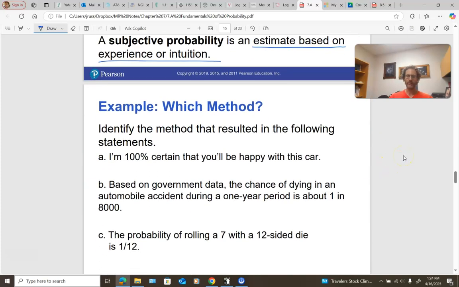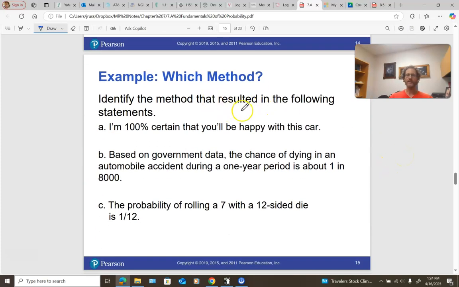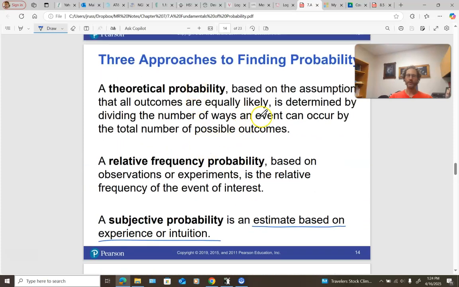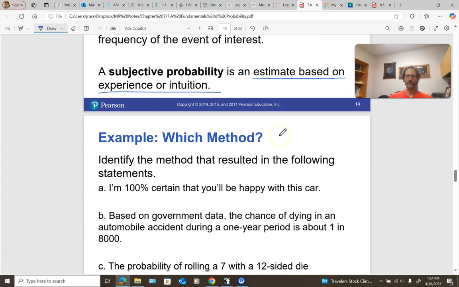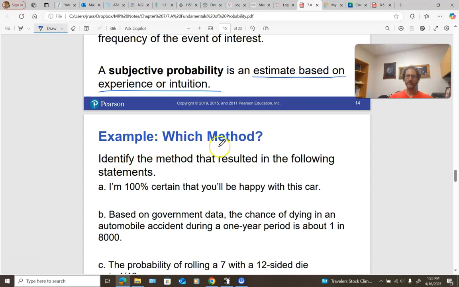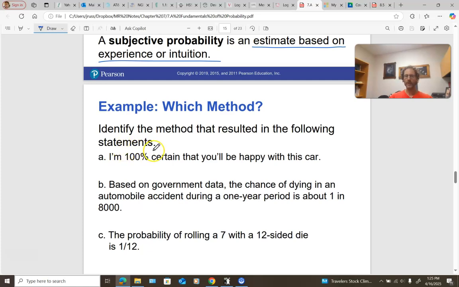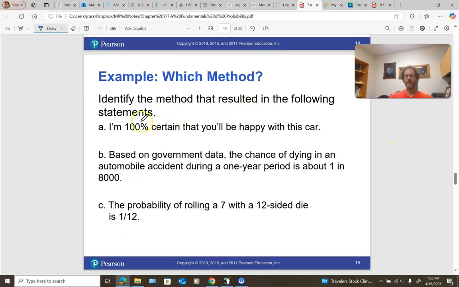All right, so what we're going to do in this example is just identify which one of these three approaches to finding the probability is being utilized. It says, identify the method that resulted in the following statements. Part A: I am 100% certain that you'll be happy with this car. Typically when a probability is associated with someone's gut feeling, like in this case, this is subjective probability.